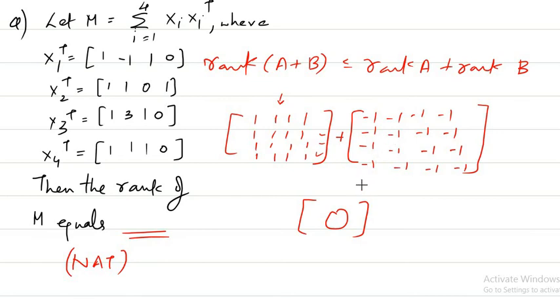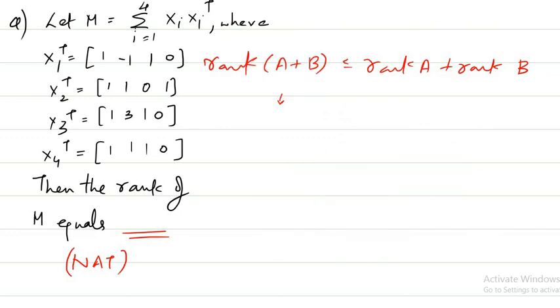I'll tell you why it is actually happening. Instead of writing like this, I'll give a general notation. Think of a case like this: our matrix has rows R1, R2, etc., up to Rn.